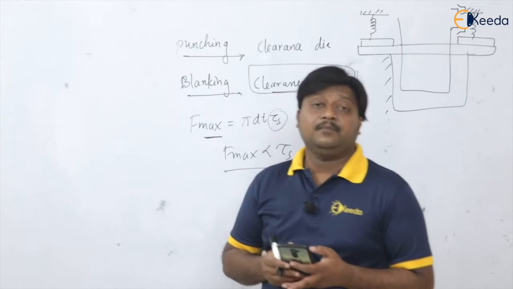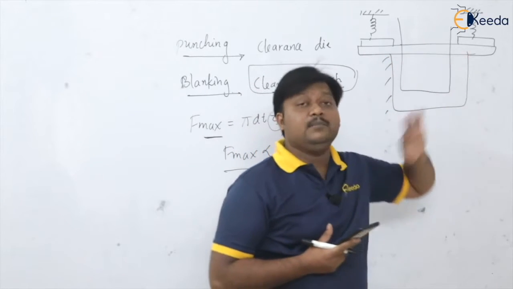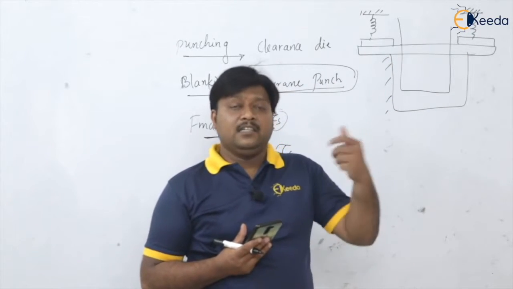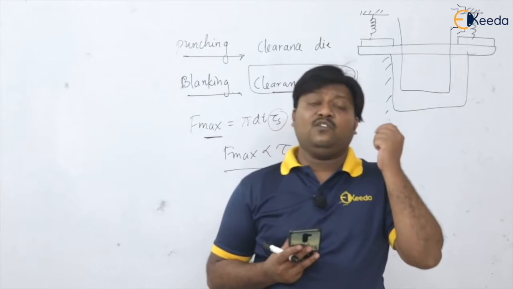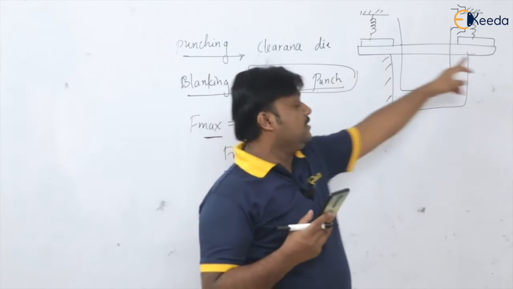Till that time the stripper force is acting on the plate, unless and until the punch is completely withdrawn from the die. Please remember, we have seen this in the BHF, blank holding force.